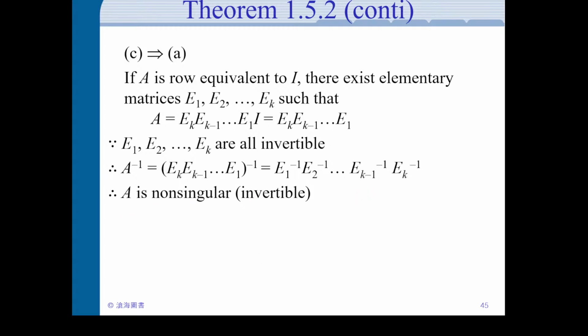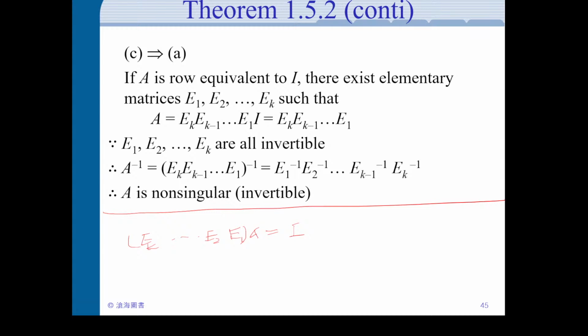I guess we have an easier way to do the proof here. If we do the other way of elementary row operations, A is equivalent to identity also means that we can have E1, E2, to EK on A equal to the identity matrix.